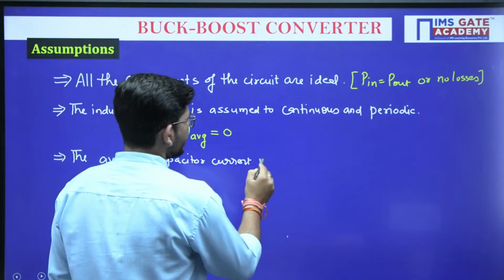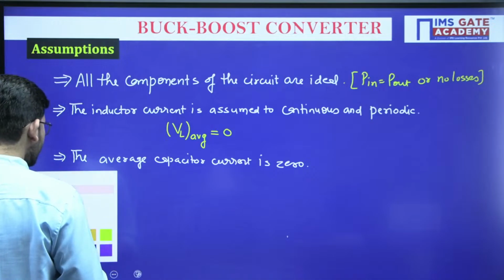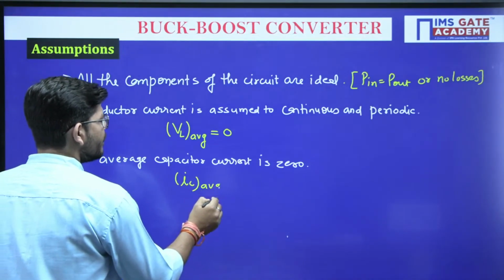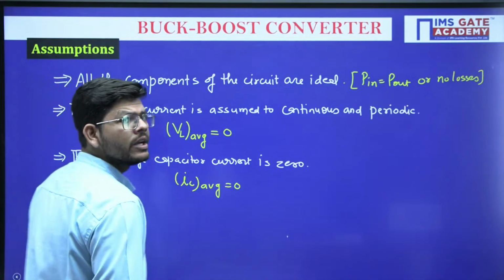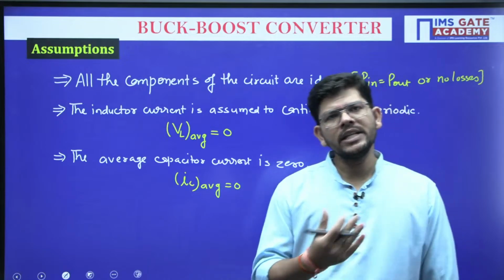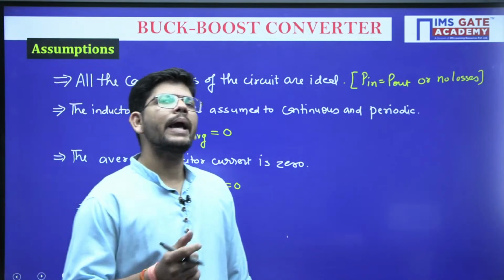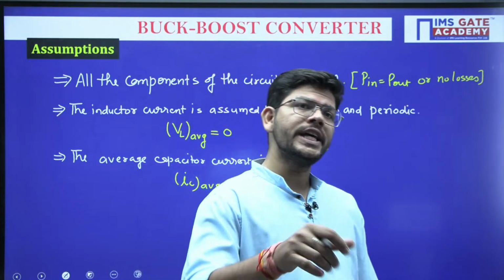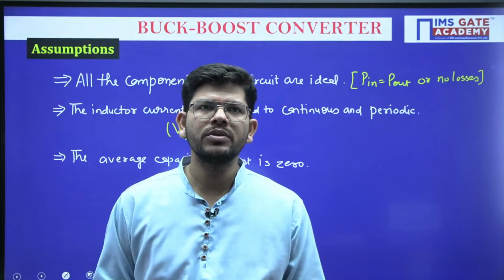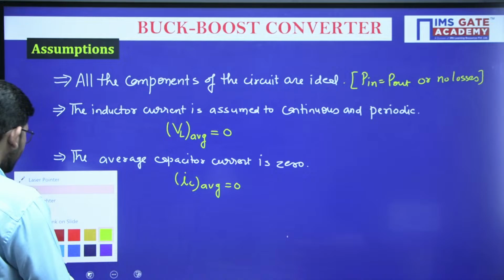The average capacitor current will be 0, means IC average that we will be having is 0. So in the inductor, the inductor current varies periodically and the average inductor voltage is found to be 0. In the capacitor, the capacitor voltage will be varying periodically and the average capacitor current will be 0. So these are the properties related to the inductor and capacitor that we will be utilizing here.